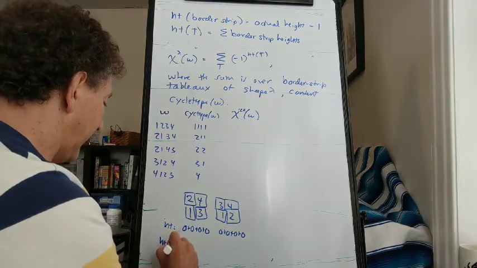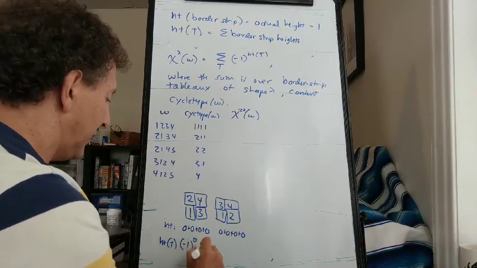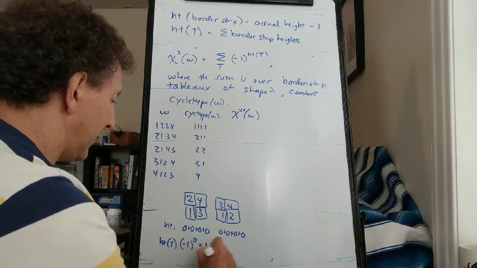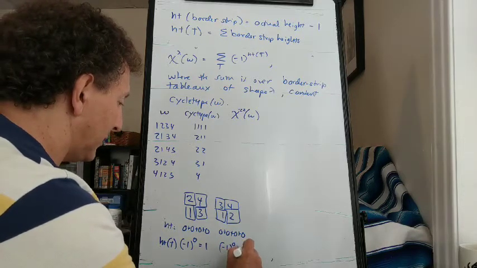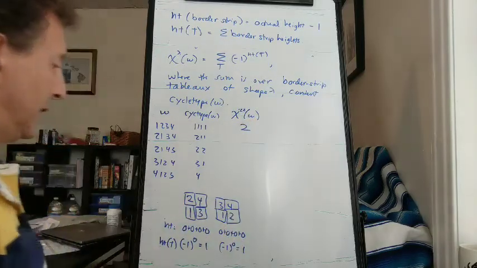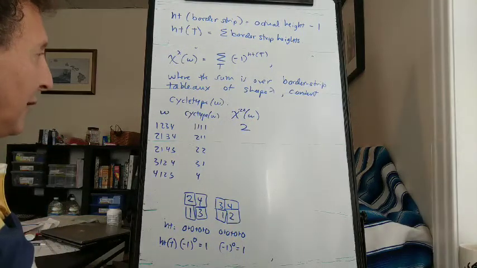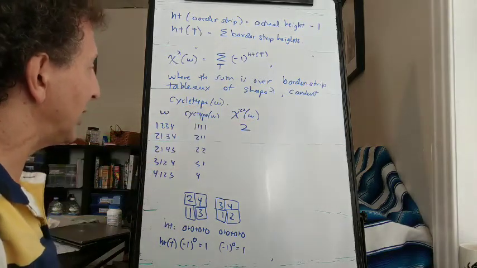Then the height of the tableau is going to be -1 to the sum, which is 0, and negative 1 to the sum, which is 0. So we've got 1 plus 1. So our value of the irreducible character chi22 at the identity element is 2.